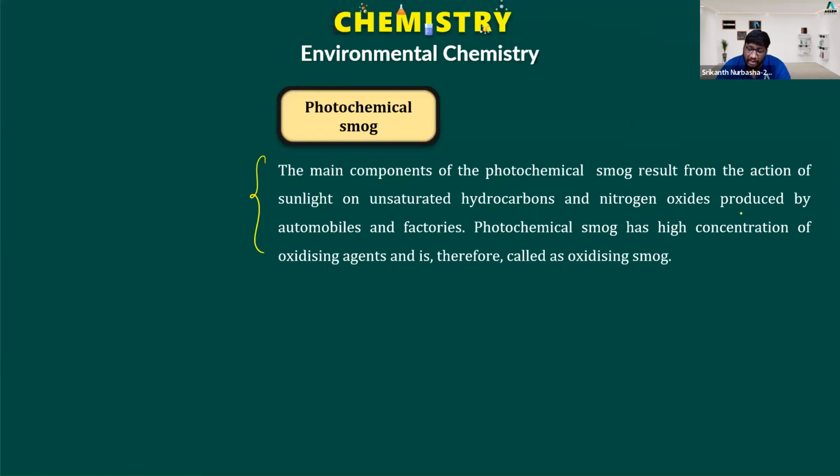Photochemical smog contains a high concentration of oxidizing agents, and therefore it is called oxidizing smog. Why is it called oxidizing smog? Because it contains oxidizing agents in high concentrations, and that is why the name oxidizing smog has been given to it.